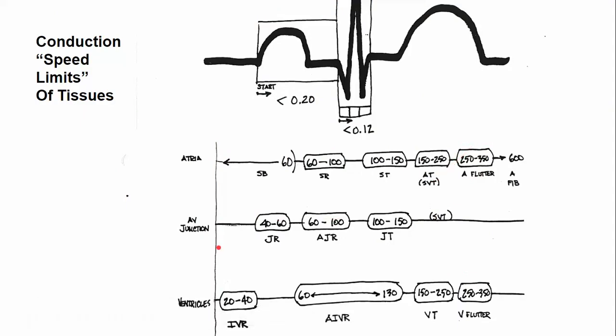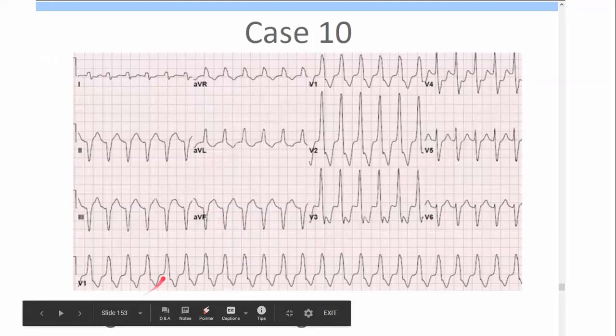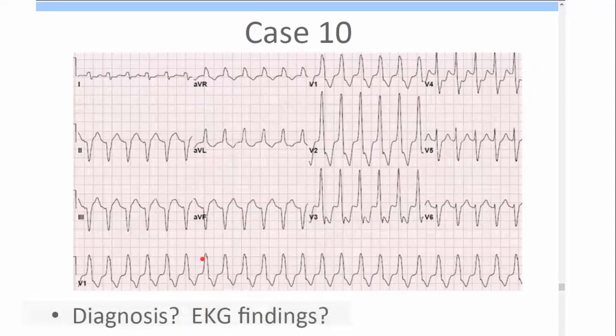That means if the atria or the junctional rhythms don't depolarize, the ventricles will take over. 20 to 40 is idioventricular rhythm. 60 to 130 is accelerated idioventricular rhythm. We looked at those strips last time in part 2. So now we're looking at sustained VTAC, 150 to 250. As we go back, from here to here is 300, 150, that would be 100. So this is about 150 or so. Sustained VTAC going about 150.